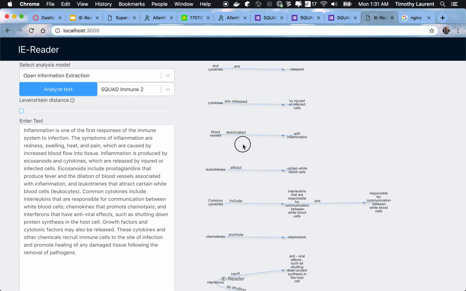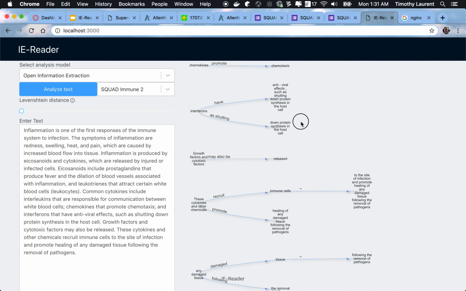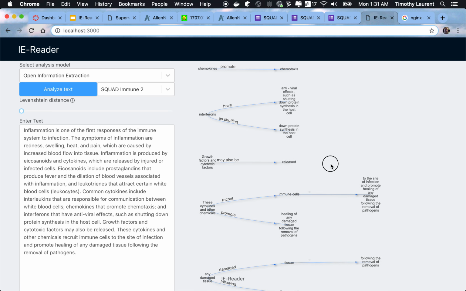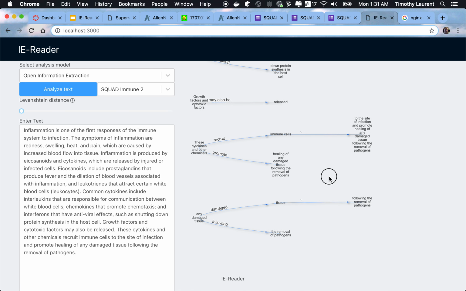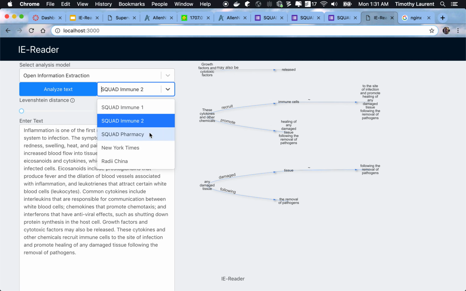That's great. Interferons have antiviral effects, such as shutting down protein synthesis in host cells. So it's all useful and good information. I'm sure you could answer some questions with this projection.